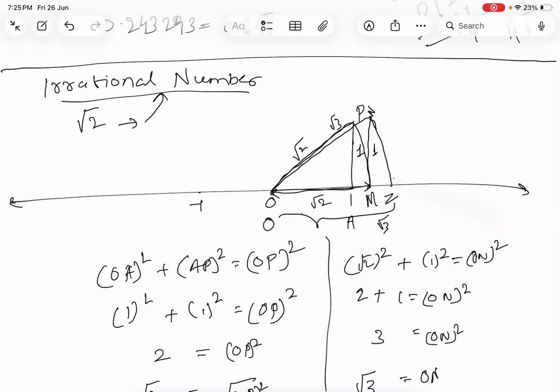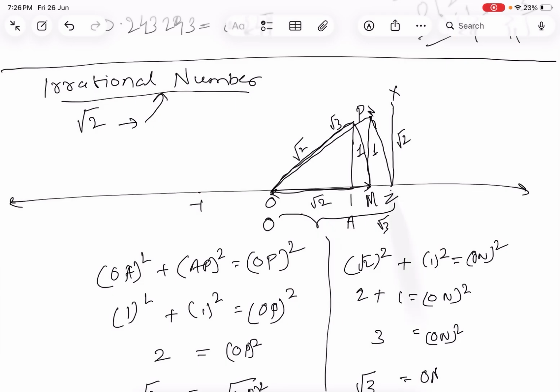For square root of 5, you draw a line equivalent to square root of 2 from Z to any point, say X. So this measure will be square root of 2.